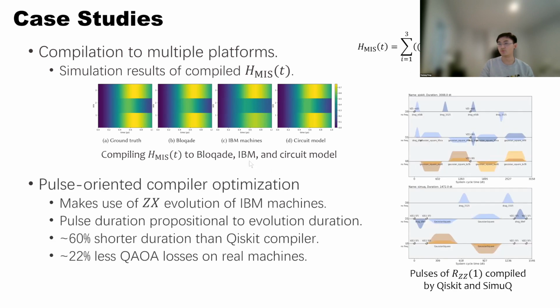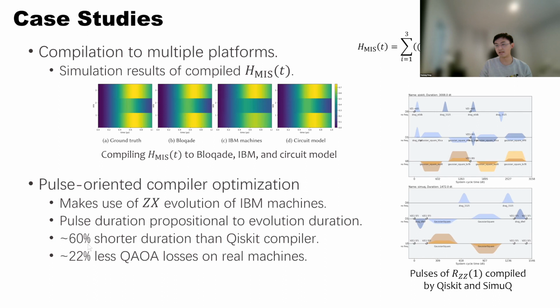We can also do pulse-oriented compiler optimization. The original implementation of the small instruction provided by QuickSgate uses two-qubit gates to synthesize one XX rotation. We can make use of the ZX evolution native to the IBM machine to produce a smaller realization of small instruction calls, whose pulse duration is proportional to the evolution duration in the schedule.